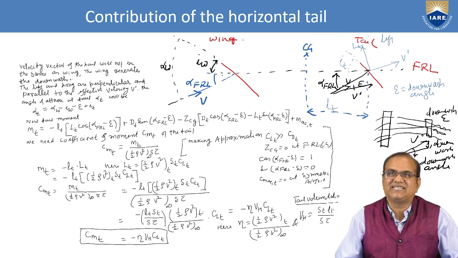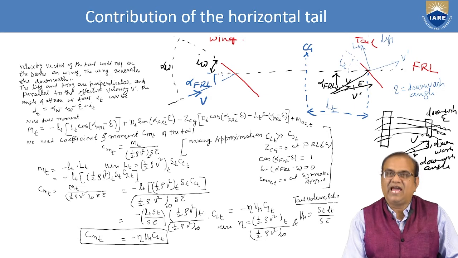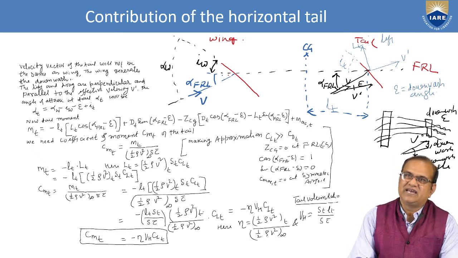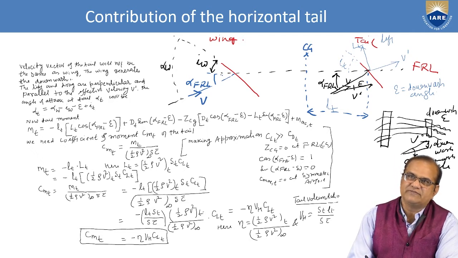So we can see here that I have drawn the diagram for a wing, as I have shown you in the previous lecture. This red color is a wing.